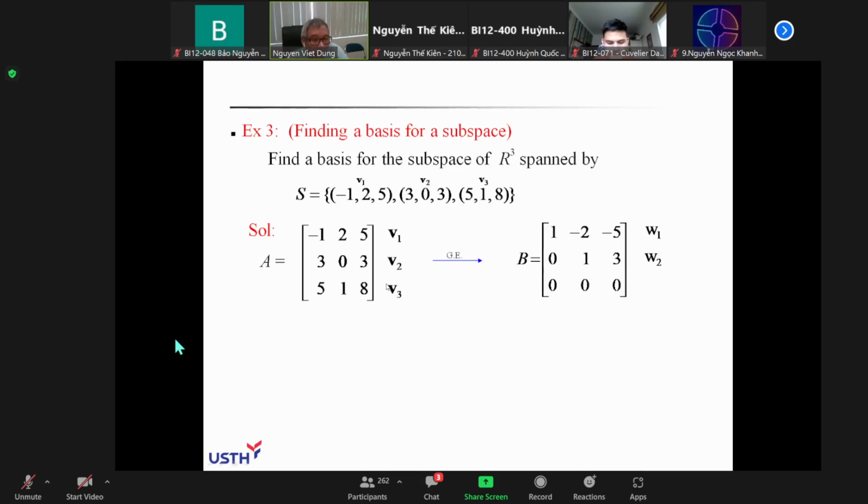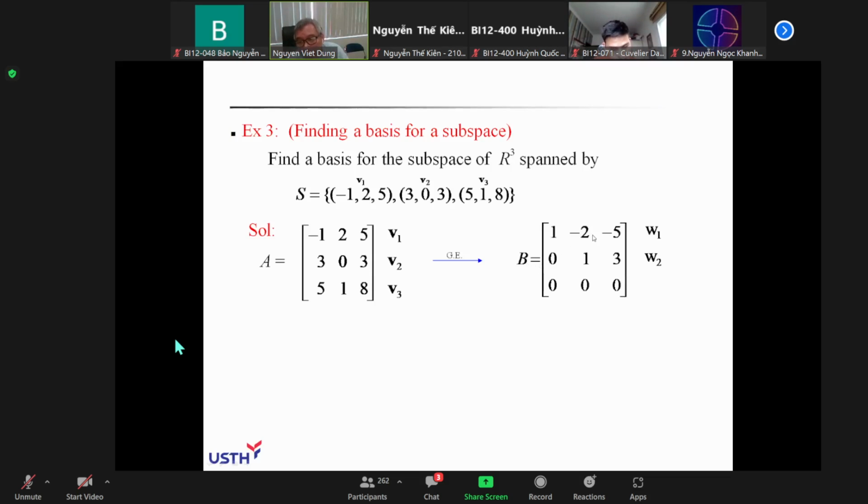So we know that span S is the set of all linear combinations of V1, V2, V3, and it is exactly the row space of A. So now we need to find a basis for the row space of A. We apply Gaussian elimination. We transform A into B like that.